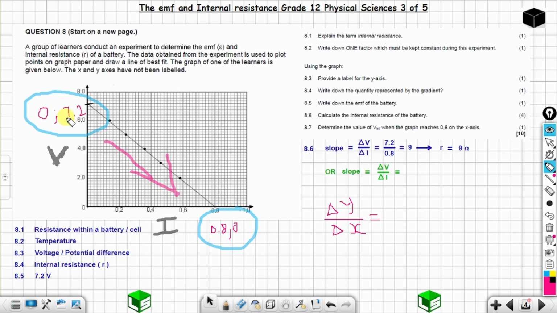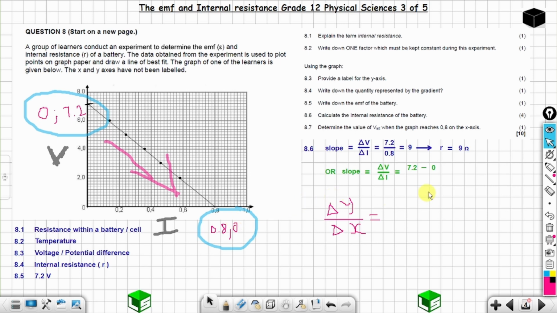So what is your y? 7.2 minus, going to this point, what is your y? 0. You start from this point going to this point, change in the y. Remember, the second coordinate is always your y. The first coordinate is always your x.